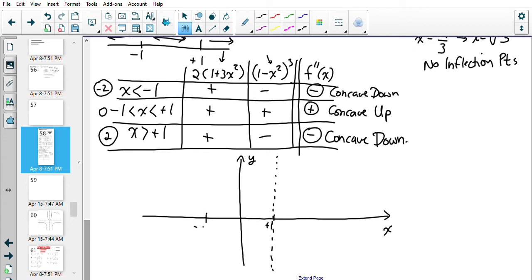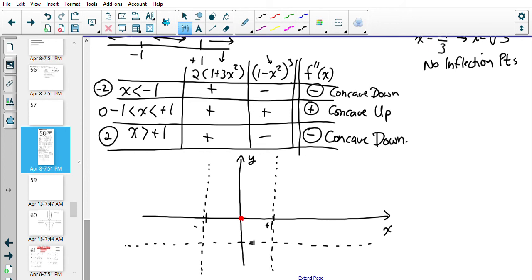At negative 1, I have a vertical asymptote. And at negative 1 on the y-axis, I have a horizontal asymptote. I know that 0, 0 is a point on the graph. It's my only intercept, and it happens to be a minimum.